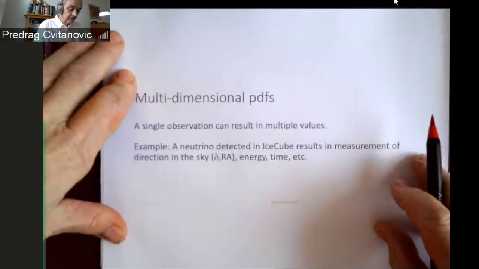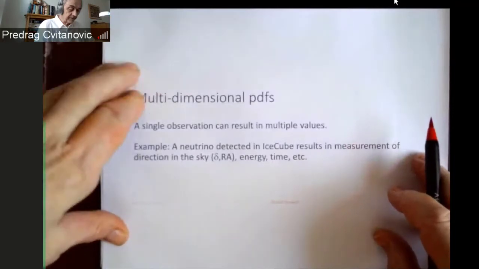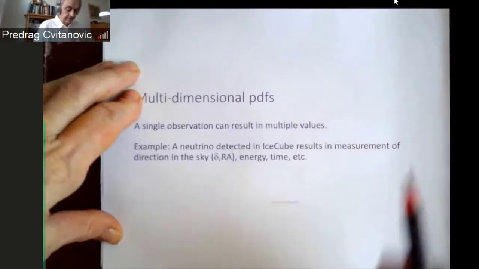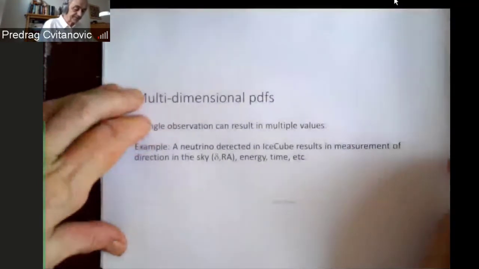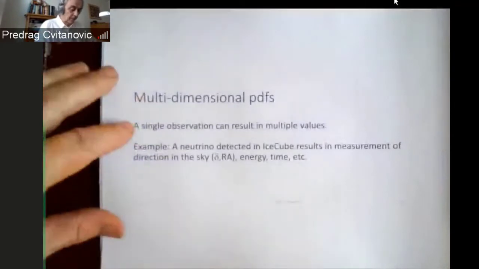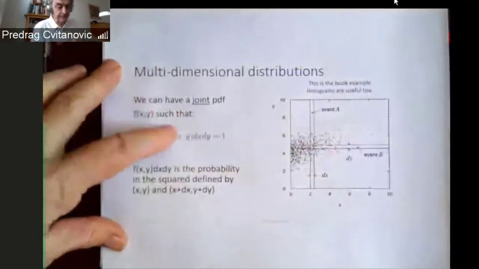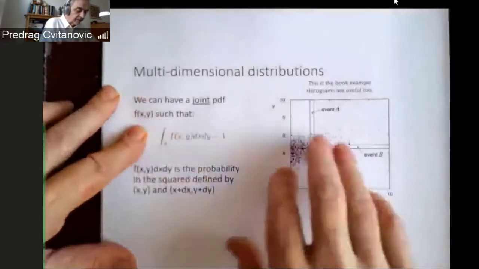So let's say then what you're measuring are so-called joint probability distributions. So you have 2 variables, x and y. You plot how they arrive. And now, because of 2 variables, you have to plot them in a plane. And the probabilistic frequentist approach is that you have to box your 2-dimensional space.